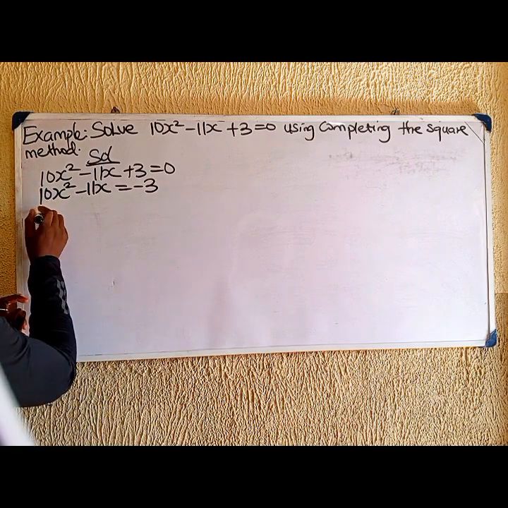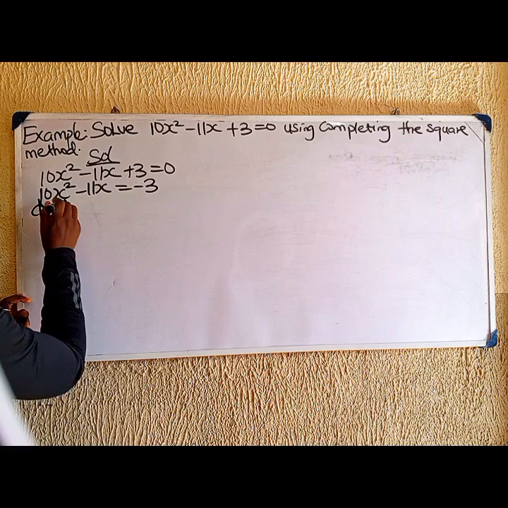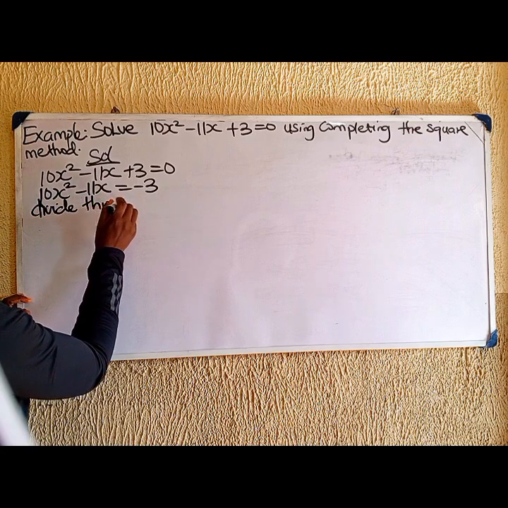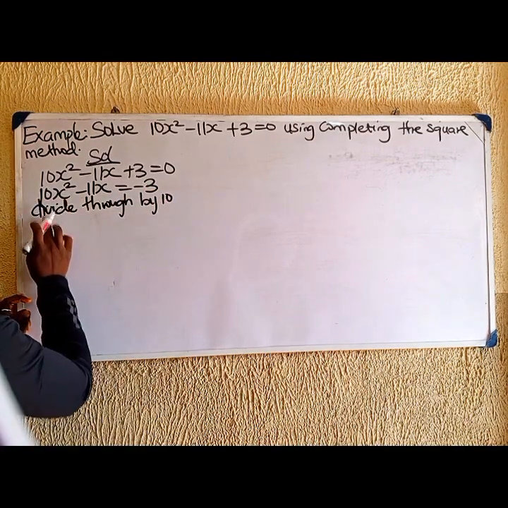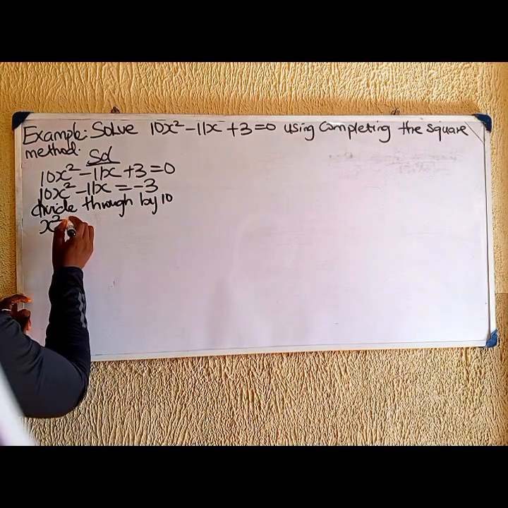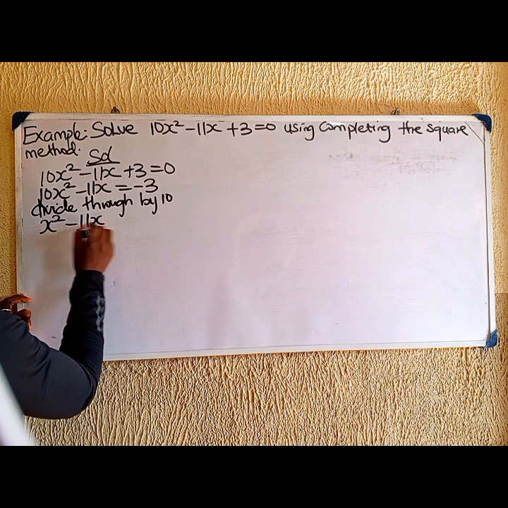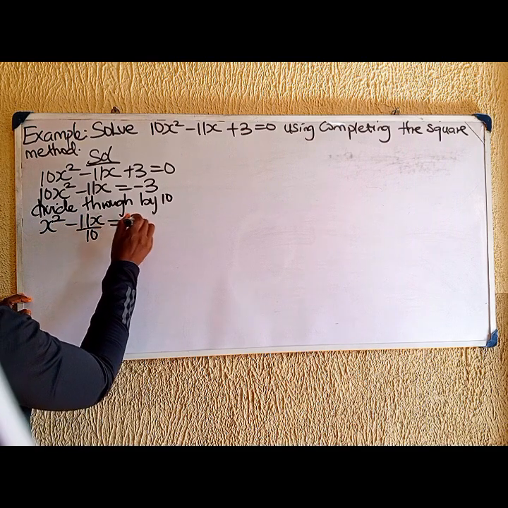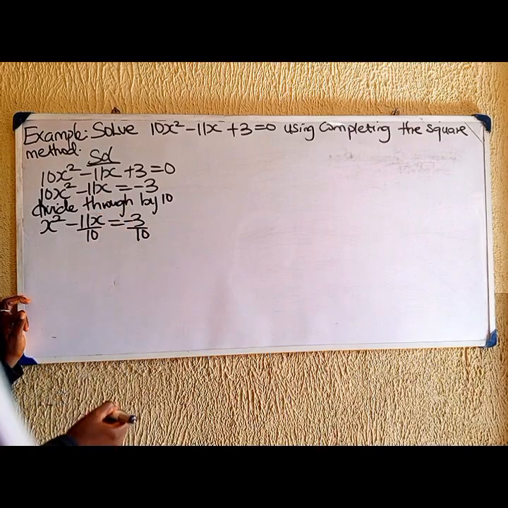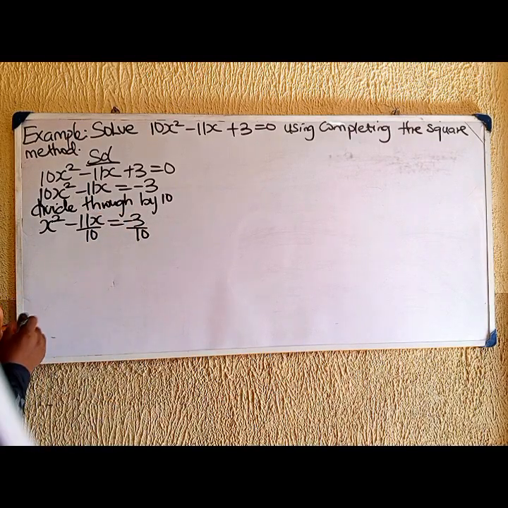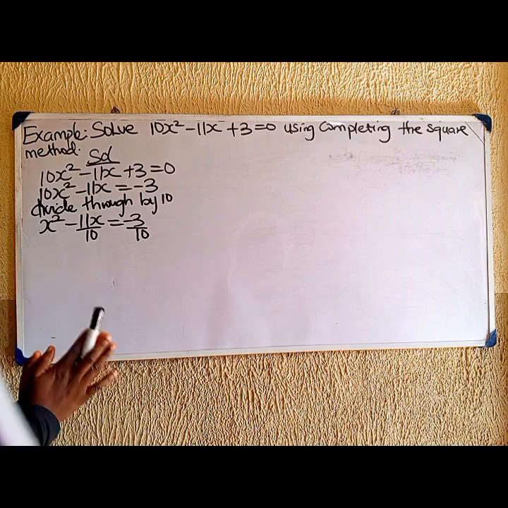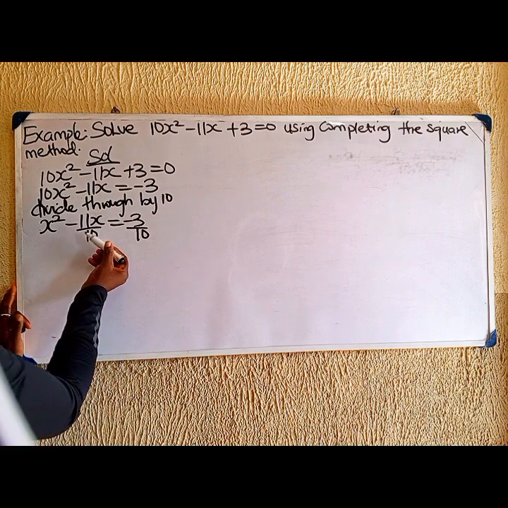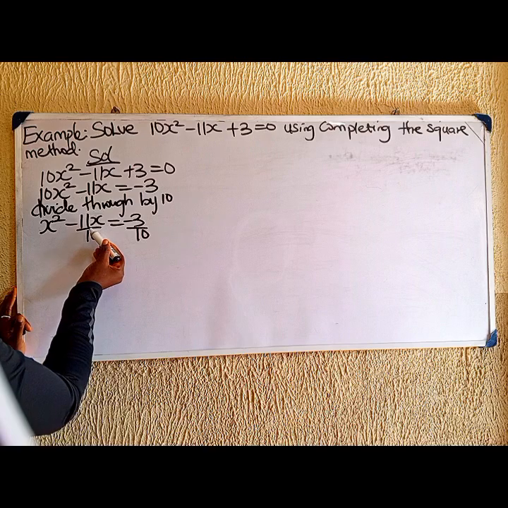So we divide through by 10, and I will now have x squared minus 11x over 10 equals minus 3 over 10. Good. Now the coefficient of x squared is equal to 1.